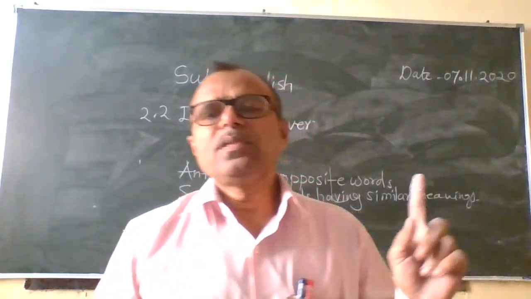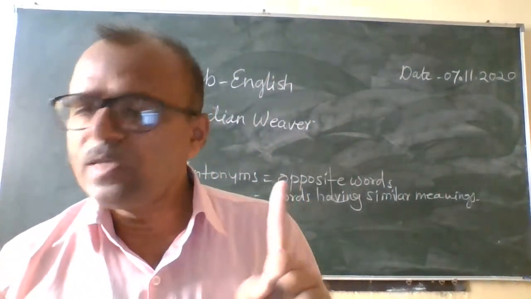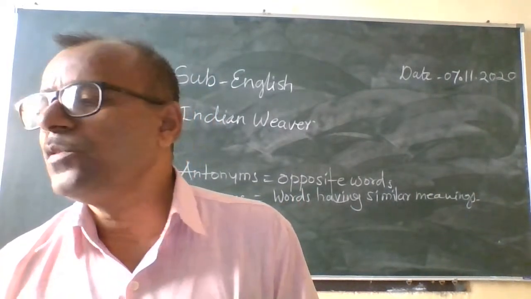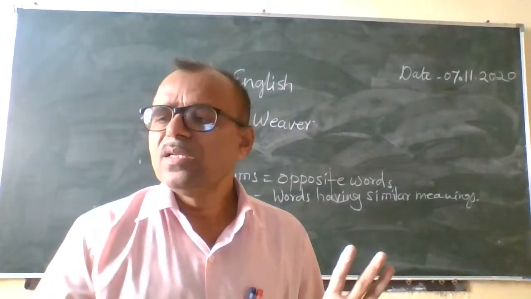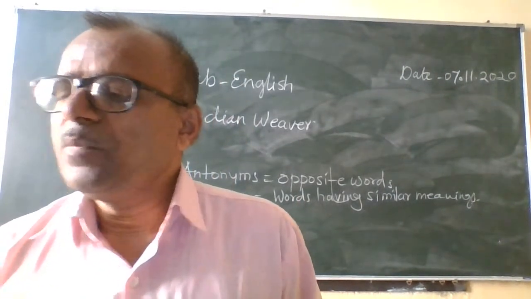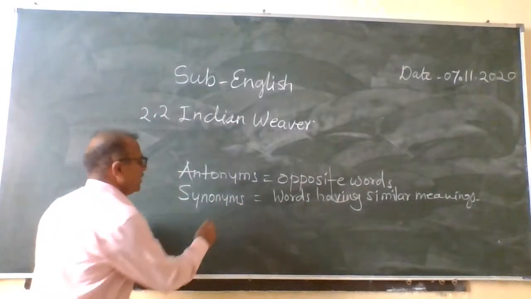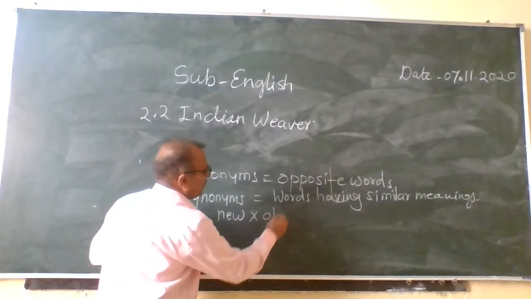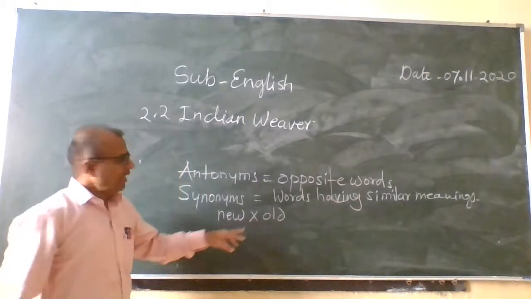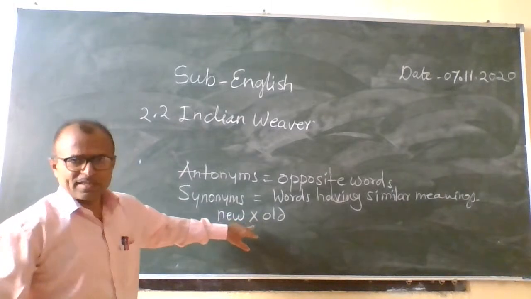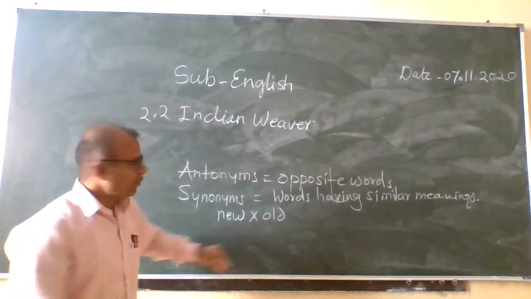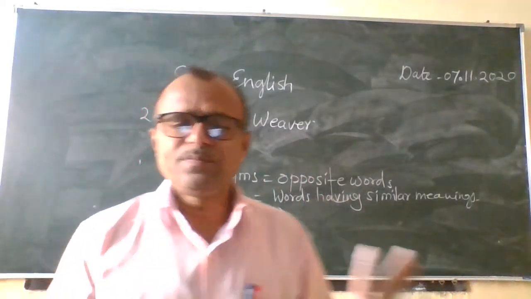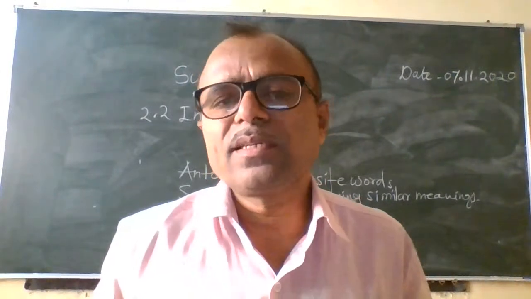Is it clear? So you must know what is meant by antonym. Antonym means opposite words, and you must know what is meant by synonyms. Synonyms means words having the same meaning. For example, the word new. We have the antonym of new, old, and antonyms are shown by using this mark, and this mark is called a cross mark.